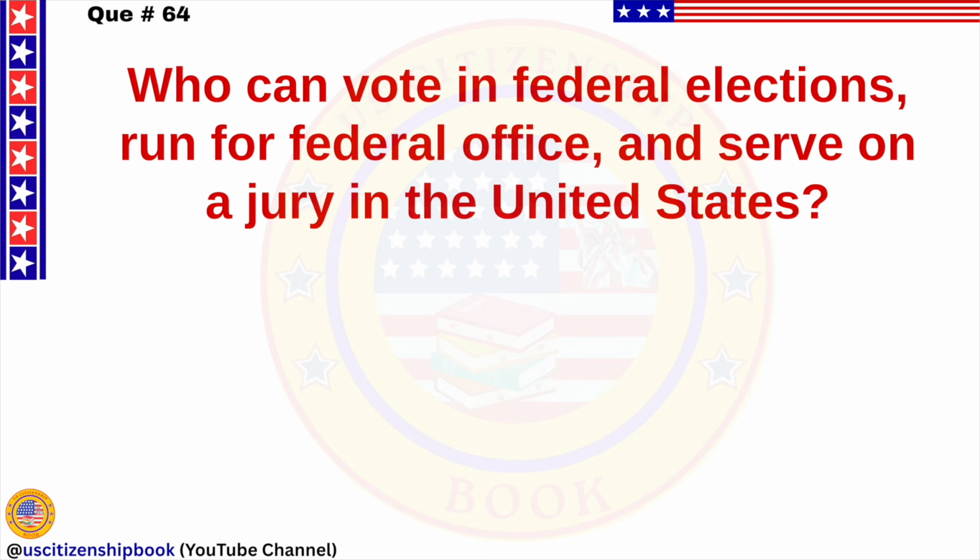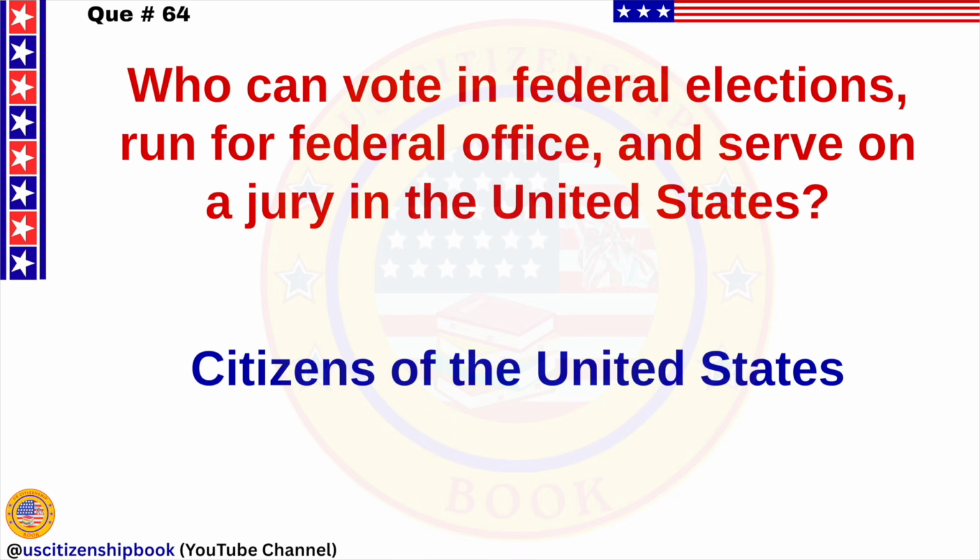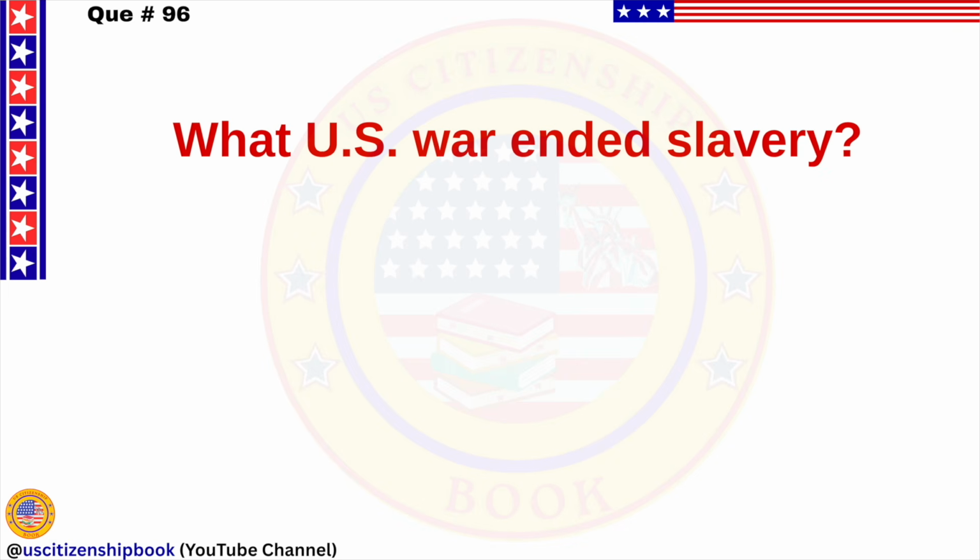Who can vote in federal elections, run for federal office, and serve on a jury in the United States? Citizens of the United States. What U.S. war ended slavery? The Civil War.